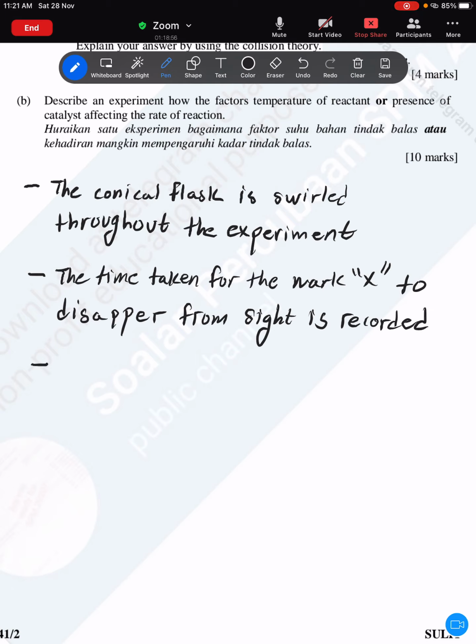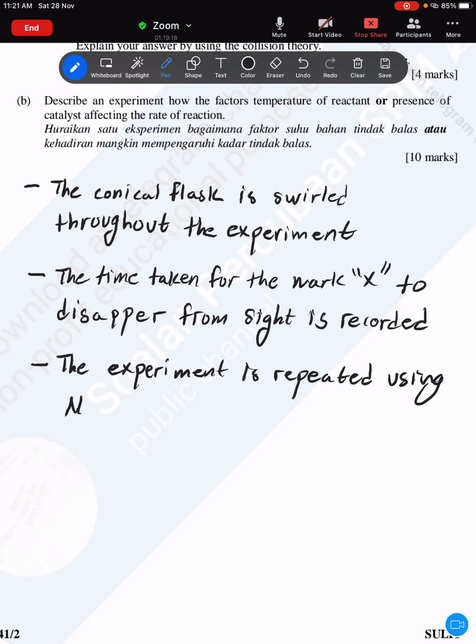And the last step: the experiment is repeated using Na2S2O3 solution at 35 degrees Celsius.